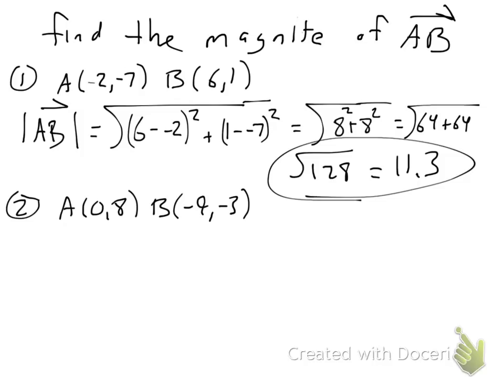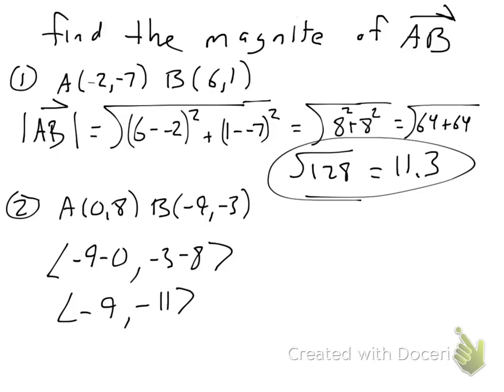The next one, what I want to do is I actually want us to convert this to component form first, kind of showing that as a vector form, and then we'll use the formula. Now wait a minute, don't those numbers look really close to the one we just did? It does, but it should be negative 9 minus 0, comma, negative 3 minus 8, which is negative 9, comma, negative 11.